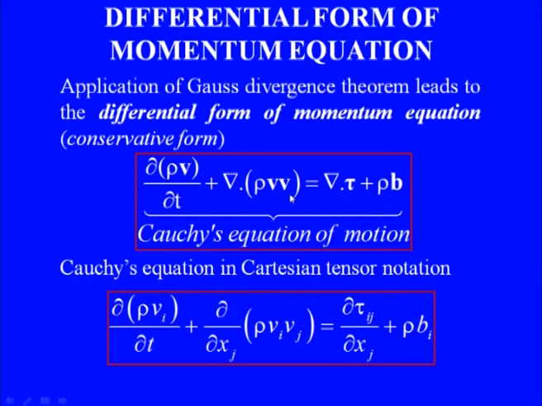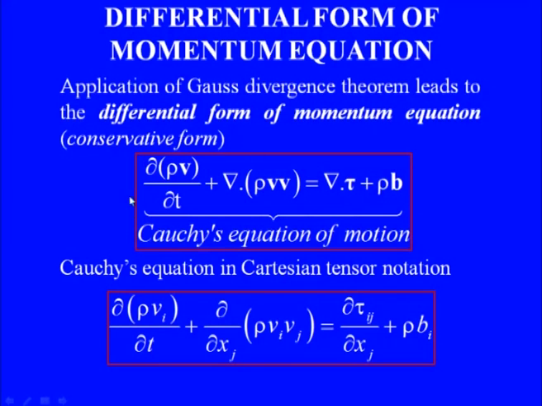So, in summary, application of Gauss divergence theorem leads to a differential form of the momentum equation, and we call it the conservative form. There is a specific reason why we call it a conservative form. This form is del rho v by del t plus divergence of rho v v is equal to divergence of tau plus rho times b.